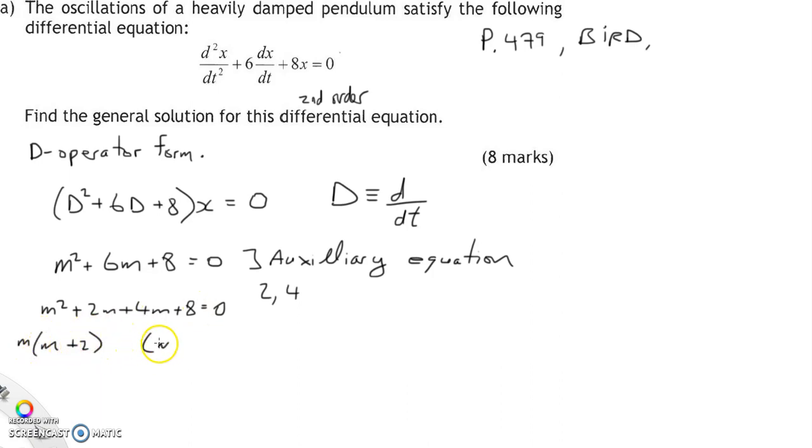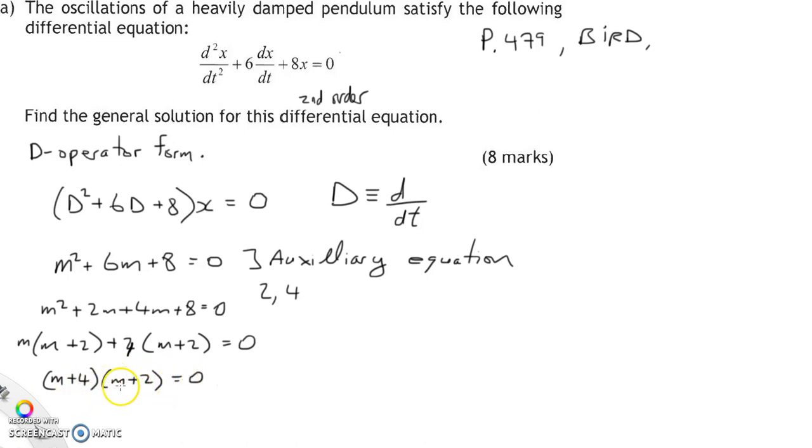We want an (m plus 2) in the second as well, to repeat the pattern, so we'll pull out a 4. 4 times m is 4m, 4 times 2 is 8. So we can write that as (m plus 4) times (m plus 2) equals 0.